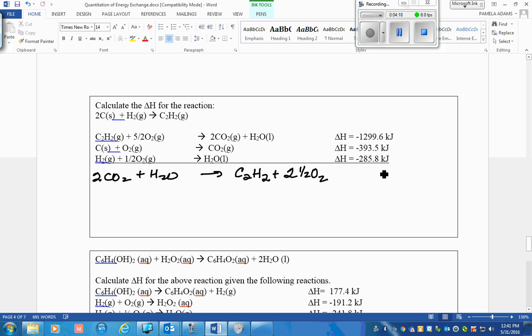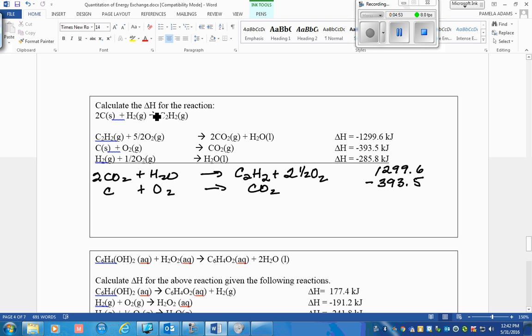So I will now reverse the sign of delta H since I reversed the direction of this reaction. Now when I look at the second reaction, we definitely want to keep it as it is because both of these reactions have carbon as a reactant, and that's what I'm looking for. I have done nothing to this reaction, so I leave delta H alone.